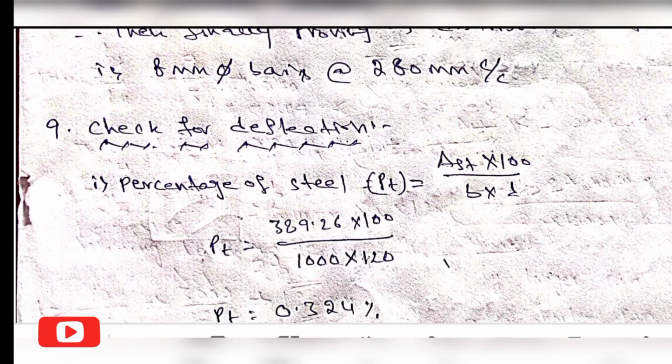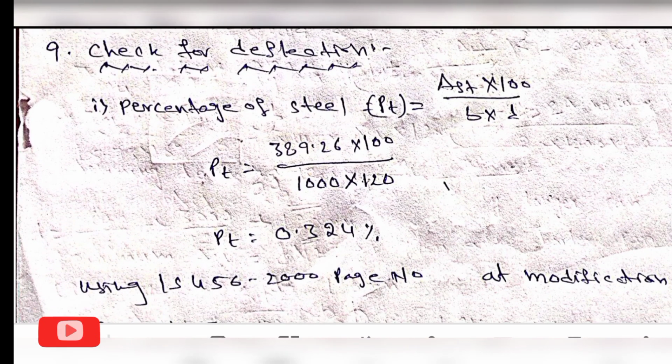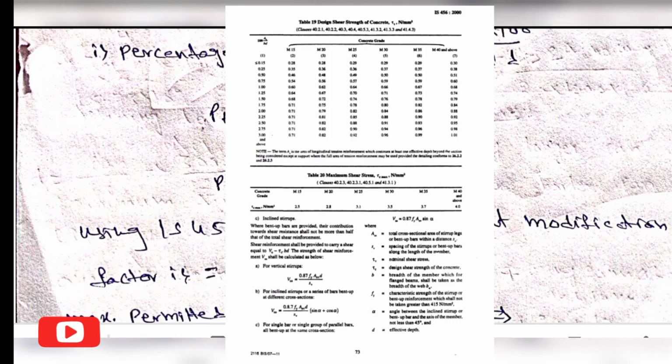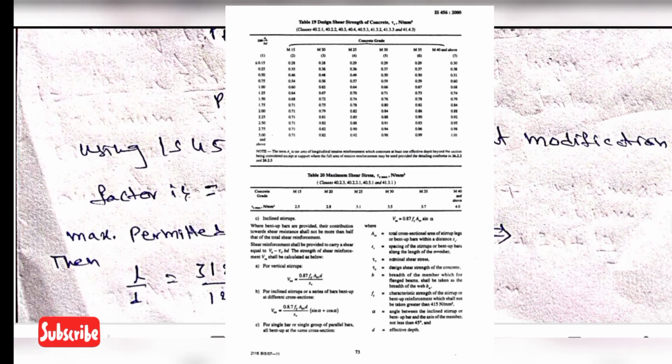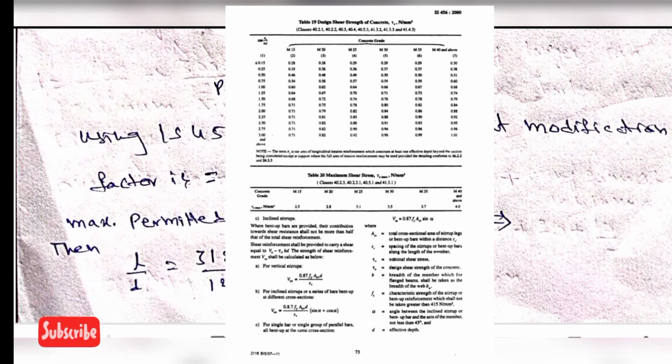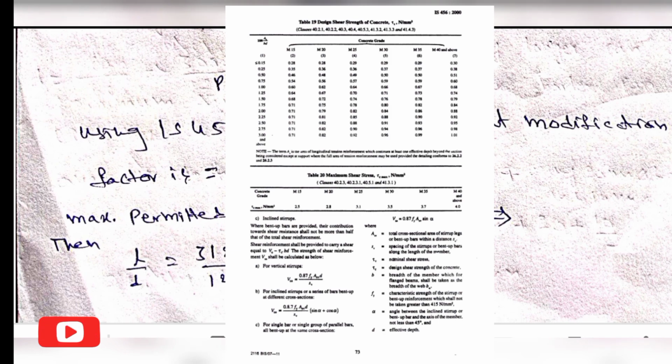Check for deflection. Find out the percentage of steel, AST into 100 by BD. Then the percentage value is 0.324. Refer to the IS 456 2000 code book, table number 19, page number 78. Find the shear strength value depending on the percentage of steel and grade of concrete, M20.